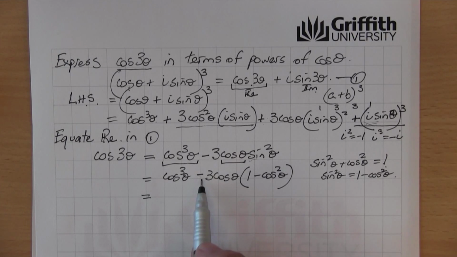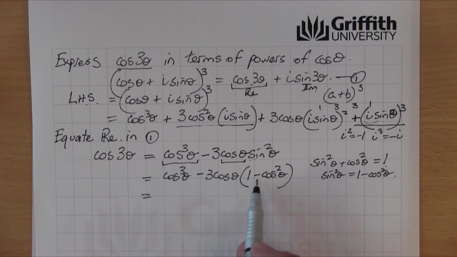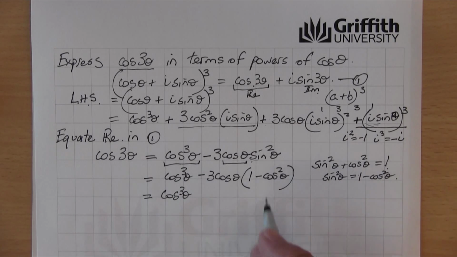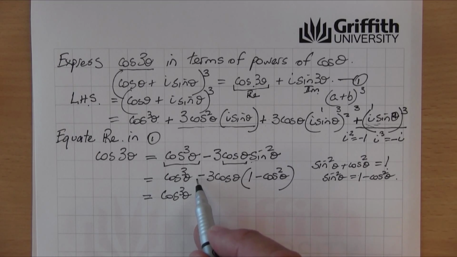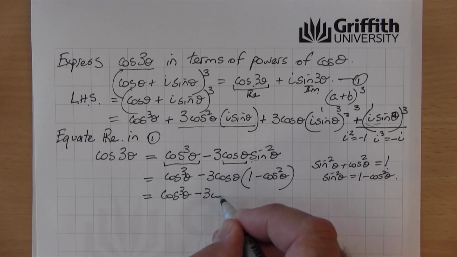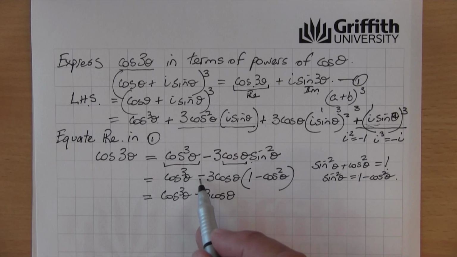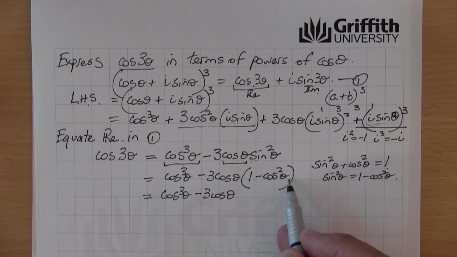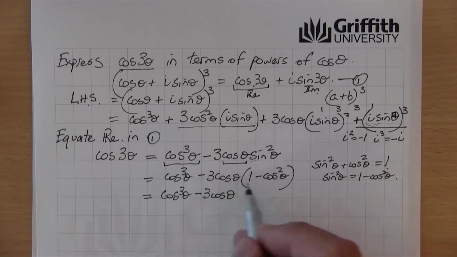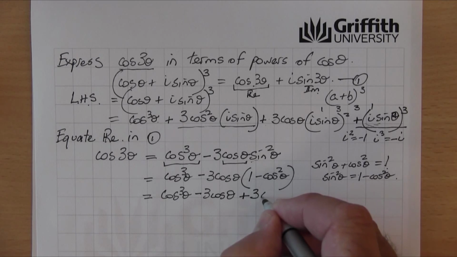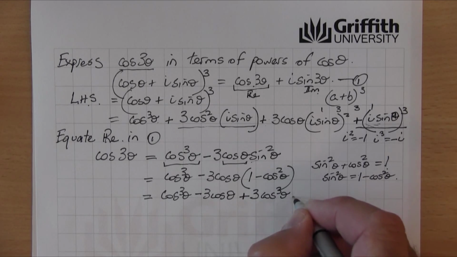Tricky, tricky, tricky. We've got a minus outside a bracket, and inside that there's a minus. So let's write the first term out. Now, if you like, you can think of this as negative 3 cos theta times 1, so that's negative 3 cos theta. And then we've got negative 3 cos theta times negative cos squared theta. So a negative times a negative will be positive, and then 3 cos cubed theta.